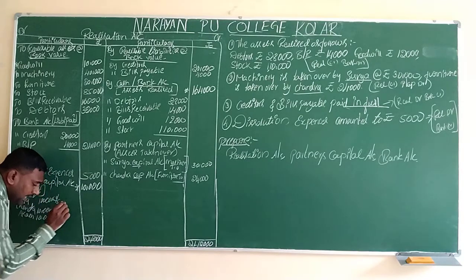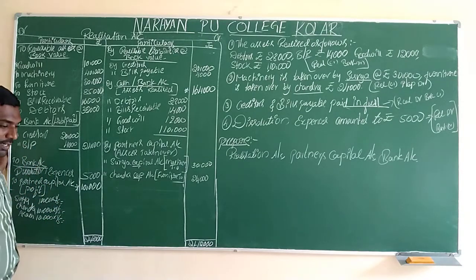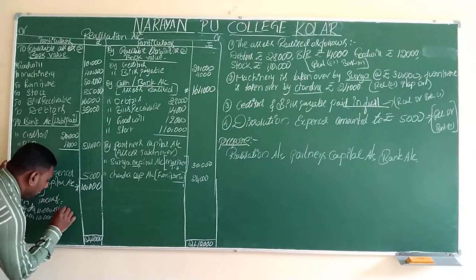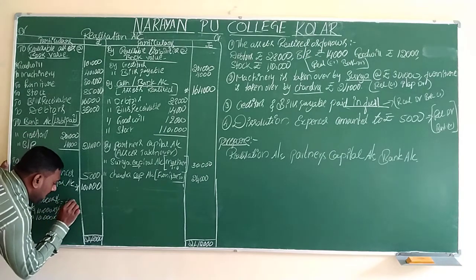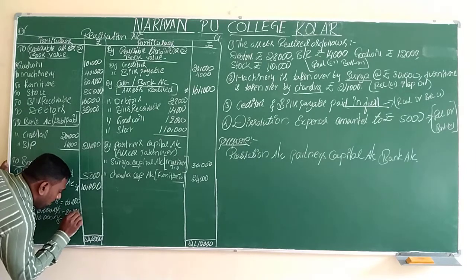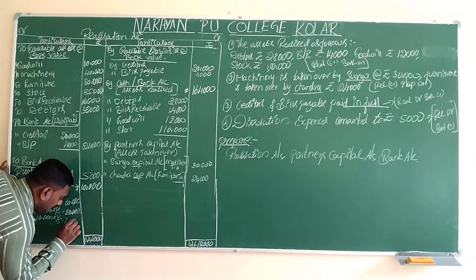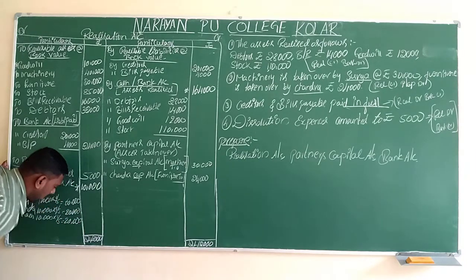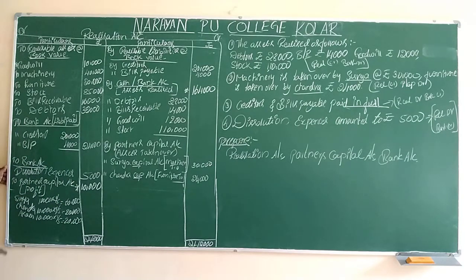Therefore, each partner will get a different value. The first partner will get 60,000 rupees, the second partner will get 20,000 rupees, and the third partner will get 20,000 rupees. Based on the ratios, we have to distribute the profit.